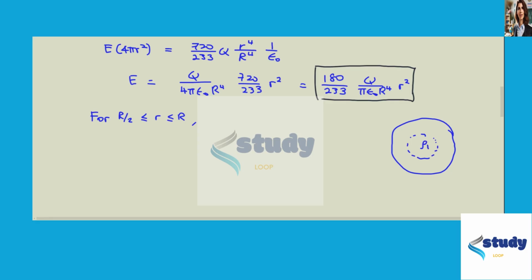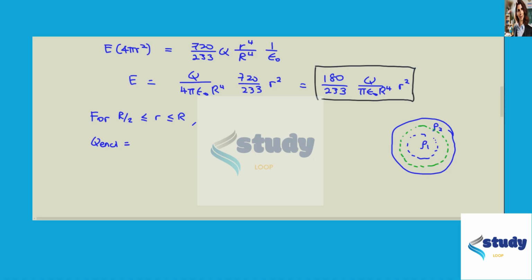So this is rho 1, this is rho 2, and now we are looking at the Gaussian surface in this green circle. That's the Gaussian surface that we are considering for the region between half R to R.